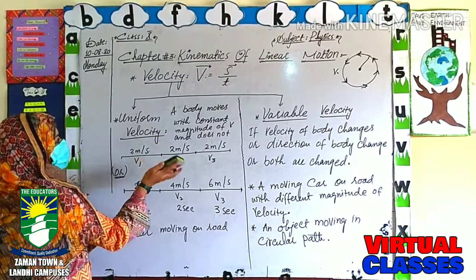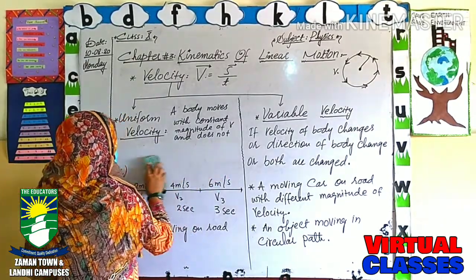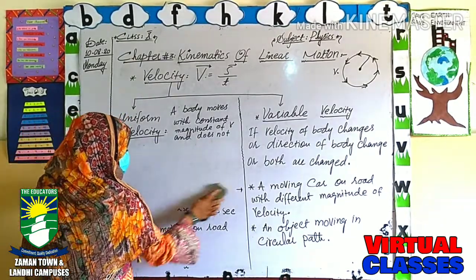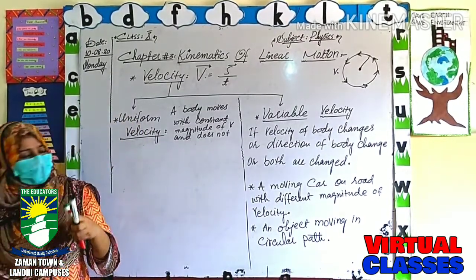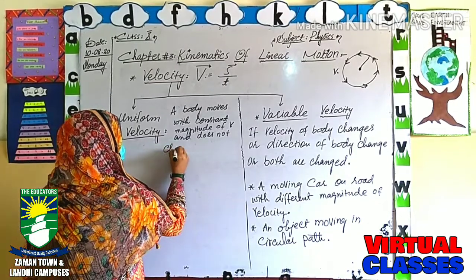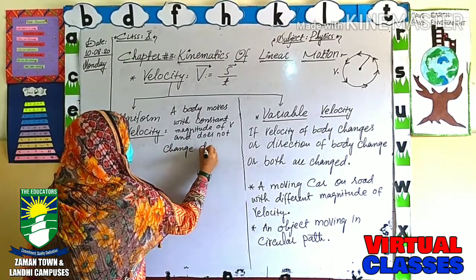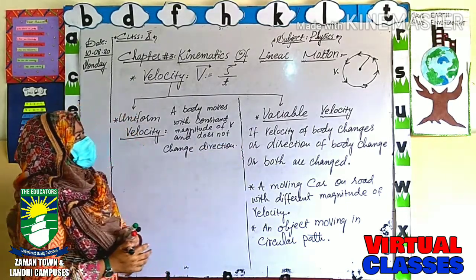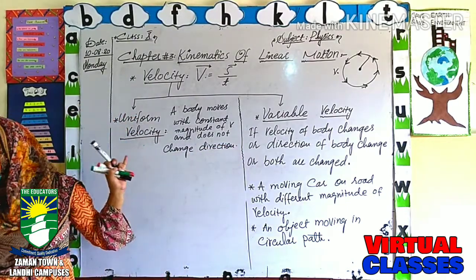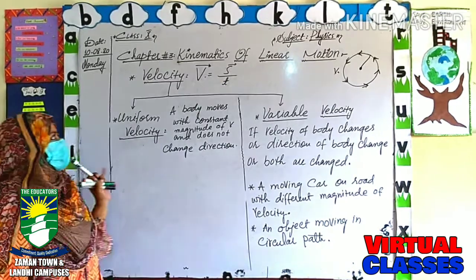Neither the direction nor the velocity will change in uniform velocity. Here is the difference between variable as well as uniform velocity.